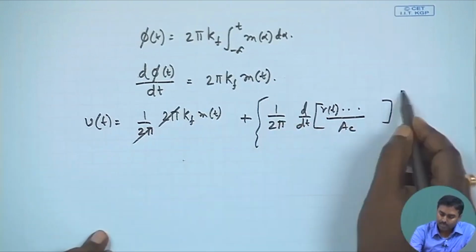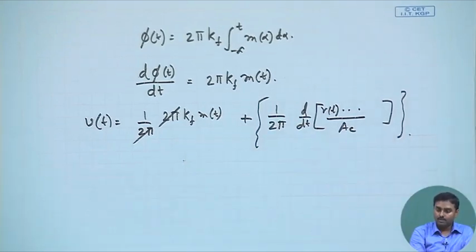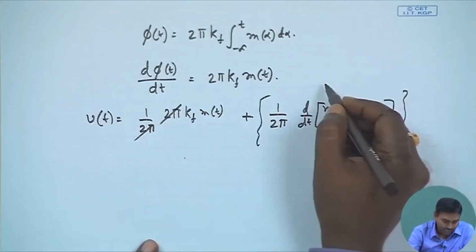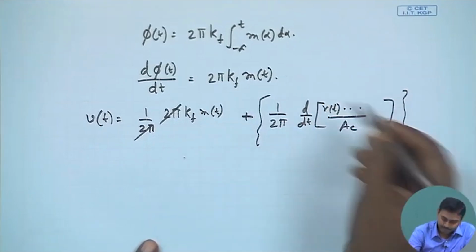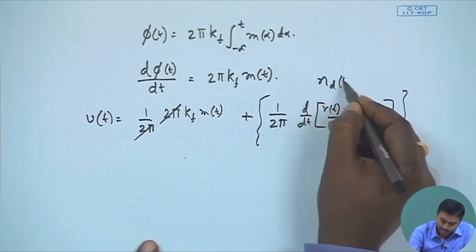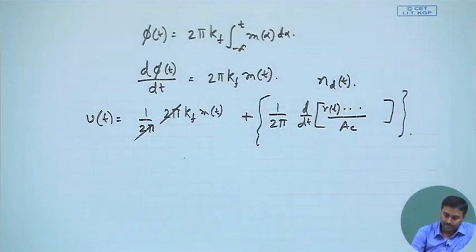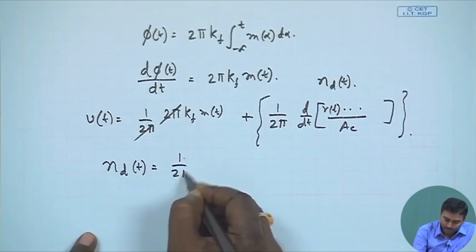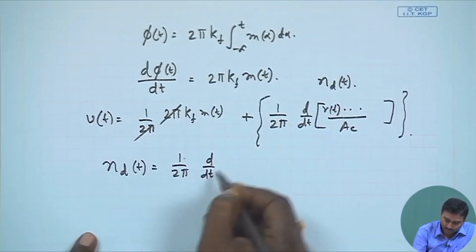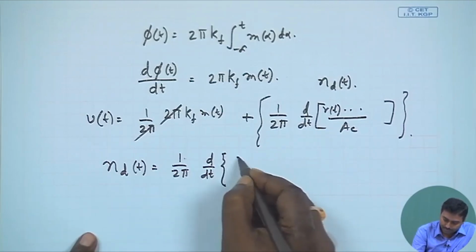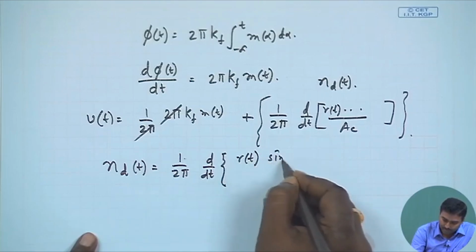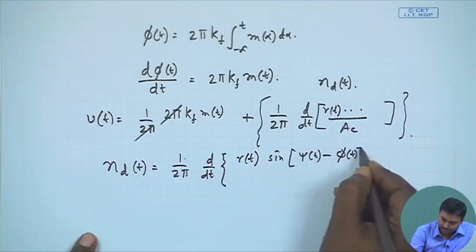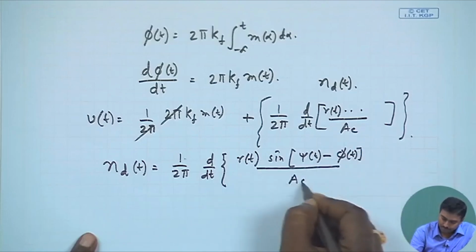So, this must be accounted as noise overall, but the problem is if I just try to put that as, suppose, this is n t. So, what do I get as noise n t? That must be 1 by 2 pi d dt of R t sin psi t minus phi t divided by AC.